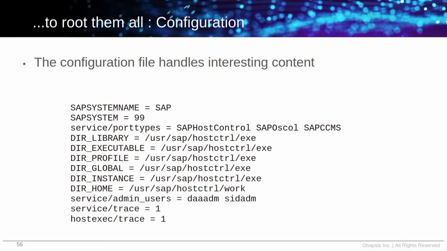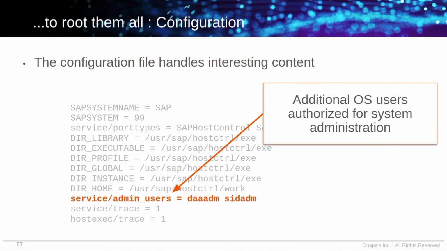We find a couple of very interesting parameters. The first one is this one, the service admin user. Looking at the documentation, we understand that this is a list of users who are able to communicate with the SAP host agent. So we are very happy because the ADM is in the value of this parameter.